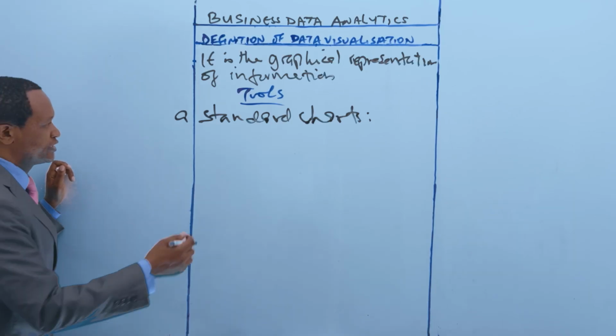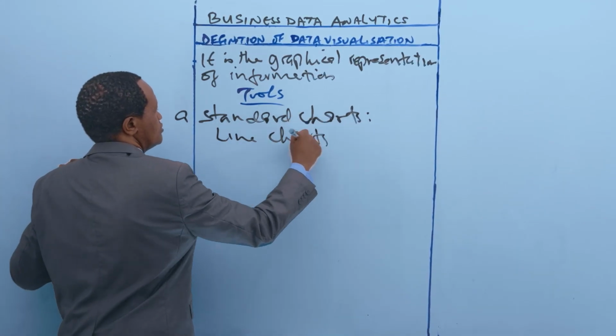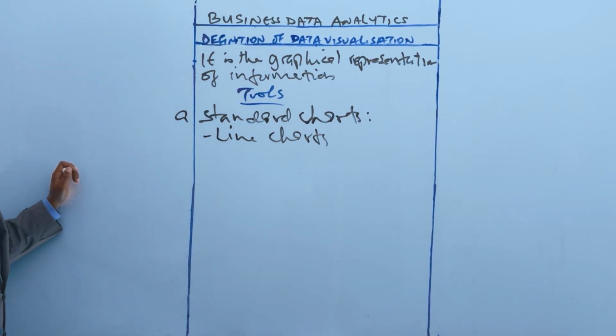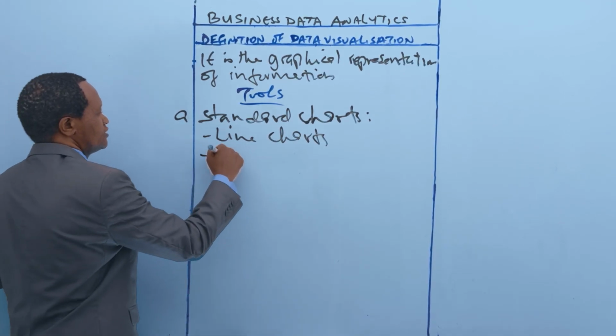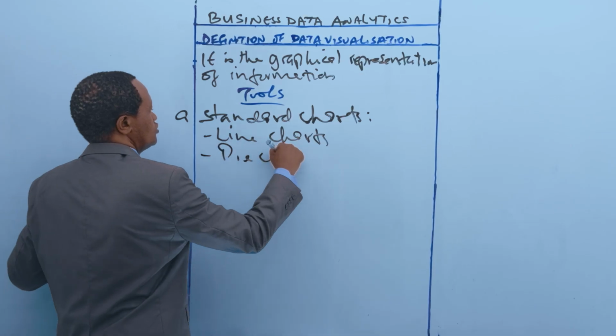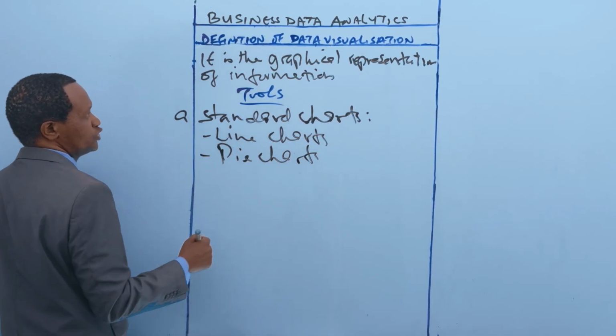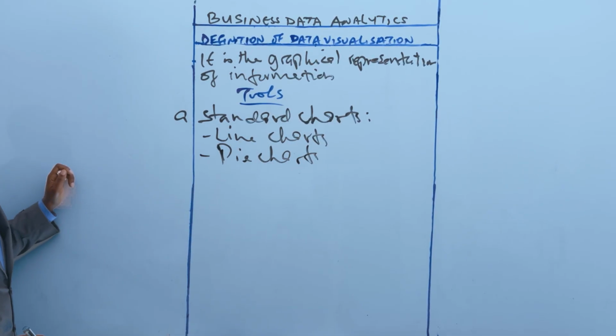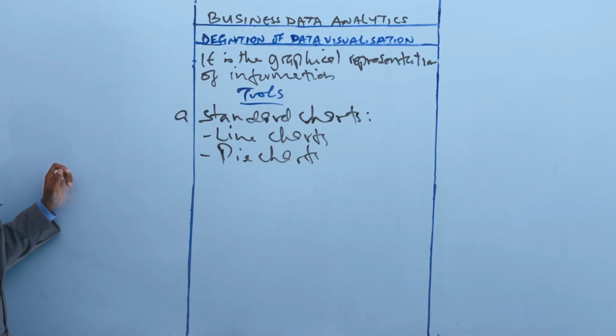We have the line charts, which are ideal for showing trends over time, like monthly revenue and so on. Pie charts is another tool that we can use to present data, used to show proportions of a whole. Understand? Yes.